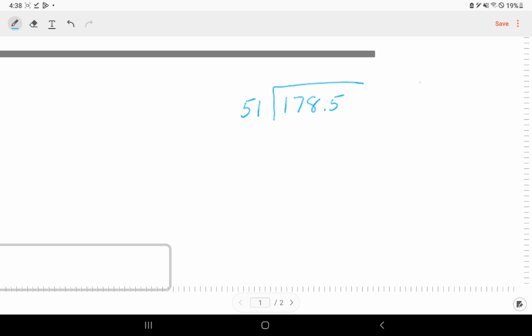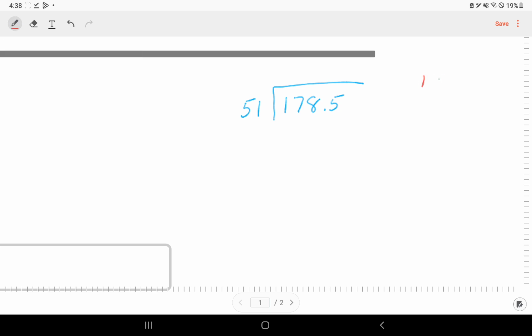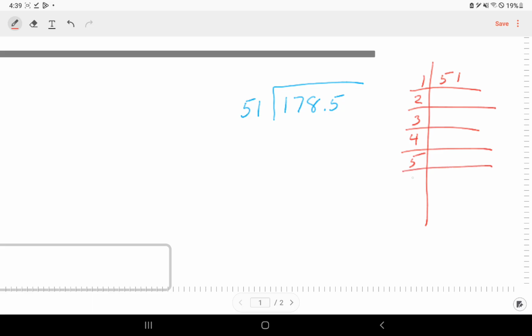And so 1 times 51 is 51. And there goes one of the posters.